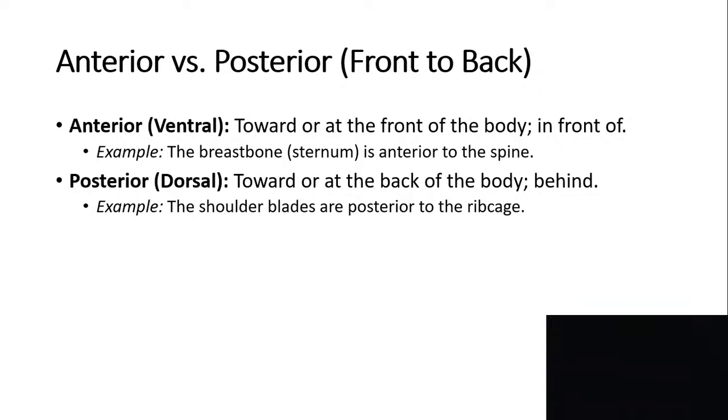The posterior, which may mean the dorsal, meaning towards or at the back of the body. It is very important to note it may also mean something that is behind. Meaning that we have a part that is in front, then we have a part that is behind. In this case, anterior means front, and posterior means back.